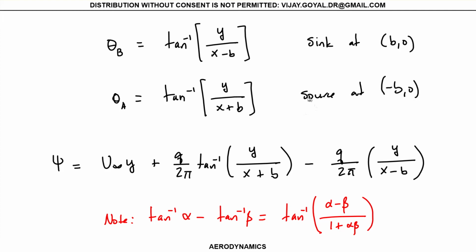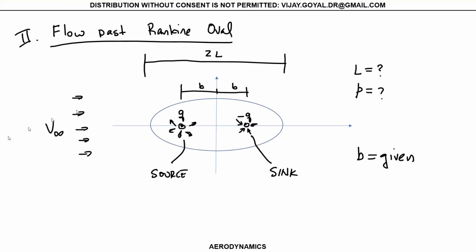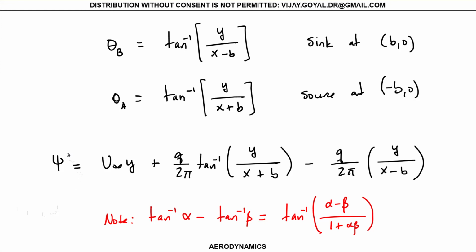Don't want to spend too much time on geometry here. And this source is located at minus B. This sink is located at B, and you can see it from here. This is the location of X and Y. So this is minus B, and this will be plus B. Okay, so your total stream function now in terms of y and x is given as follows. I have a purpose for which I translated all this in this form.